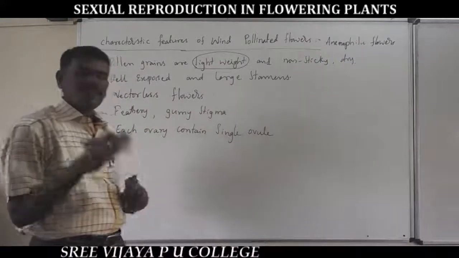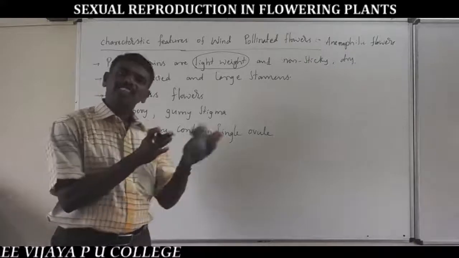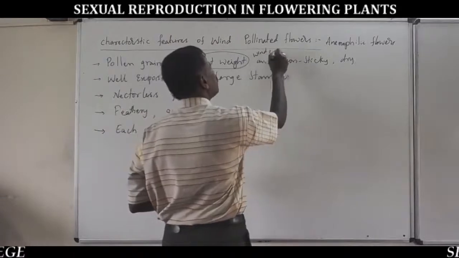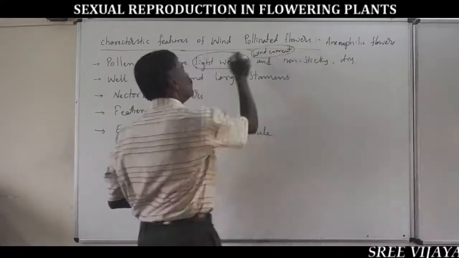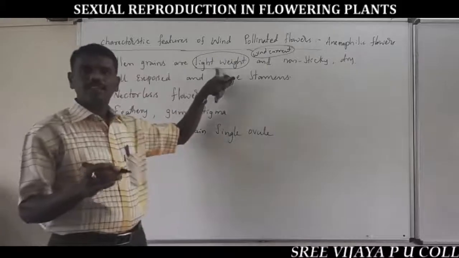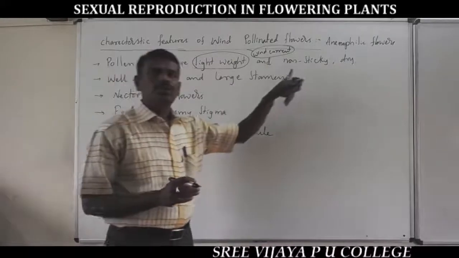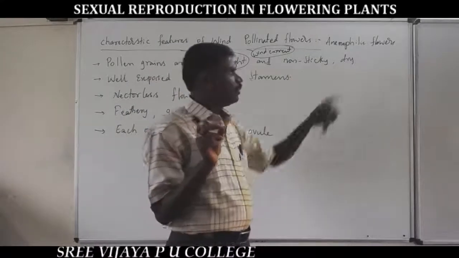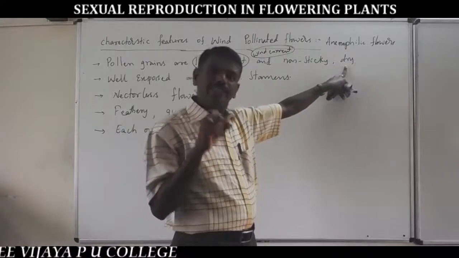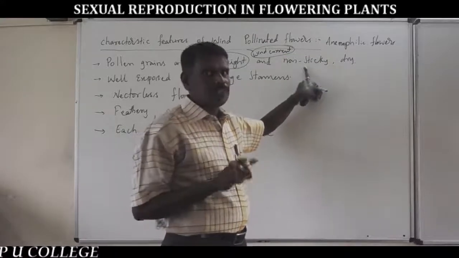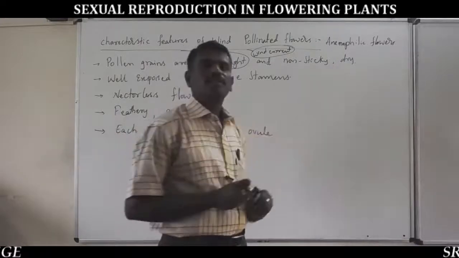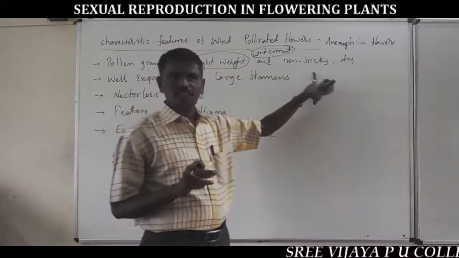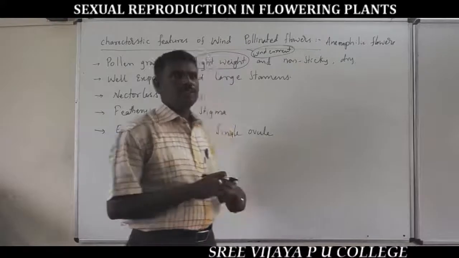Why are they lightweight? Because the pollen grains are carried by the wind current. They are also non-sticky, because the pollen grains are dry. When they are dry, they are non-sticky; if they are in wet condition, they are sticky. But here the wind carries the pollen grains, which are non-sticky and dry, not wet.